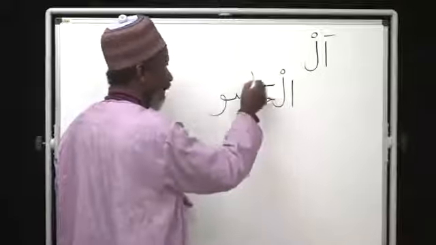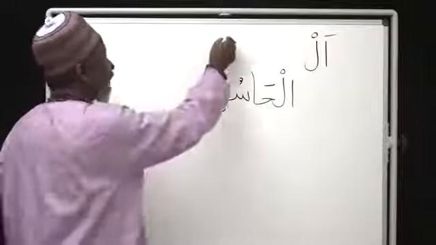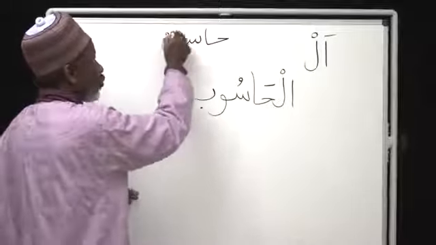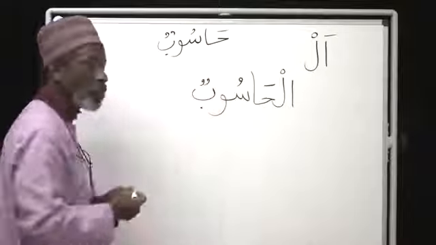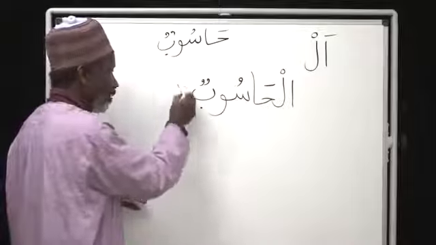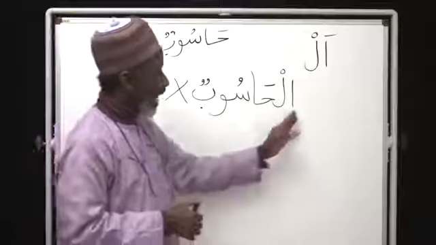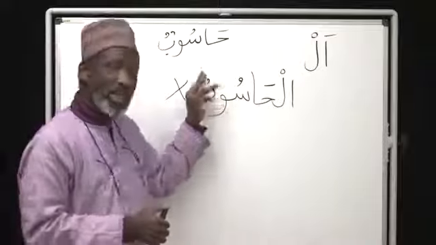Now, al hasub. Remember we said hasubun earlier on, ending in un. If I put hasubun here, it will be completely wrong. Why? Because I have al, which means the, and I have the sign of indefinite at the end.